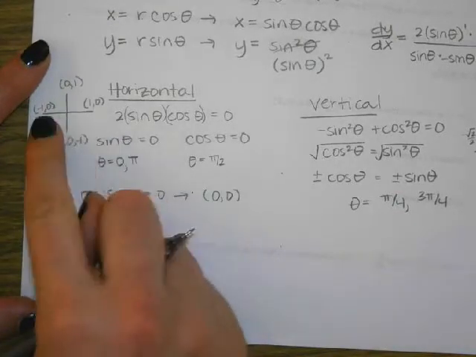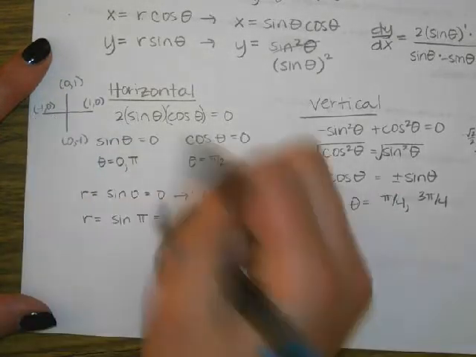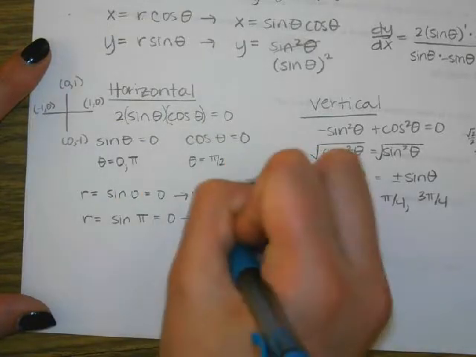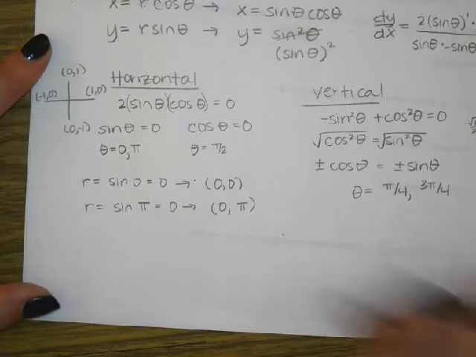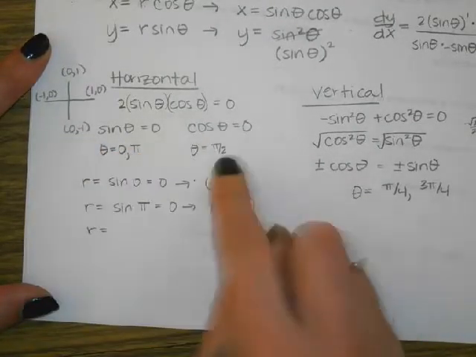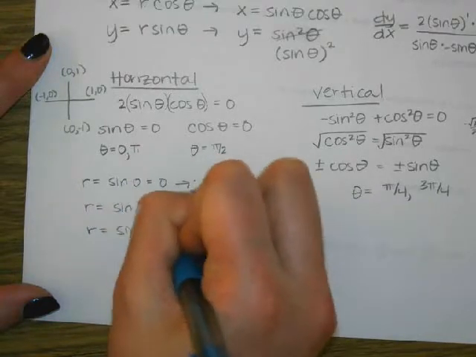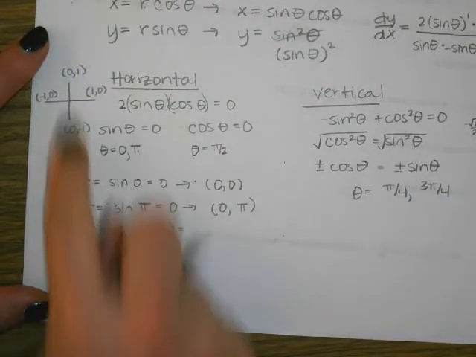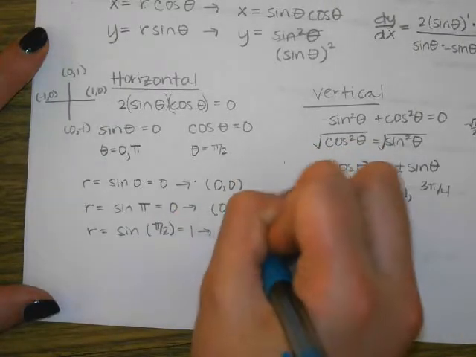What do you get when you plug in sine of pi? You get 0 again. So the r value is 0, the theta value is pi. And then the last one is when theta is pi halves, and that would give you a 1. So that's 1, pi halves.